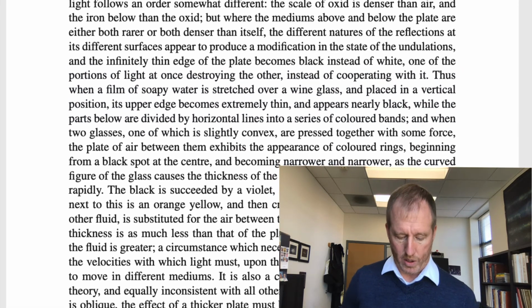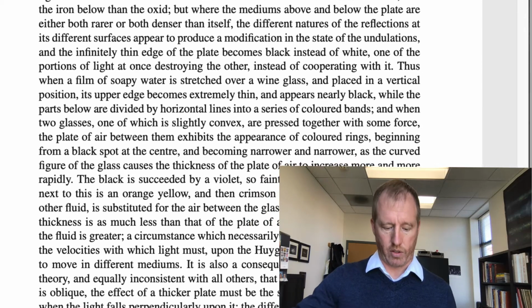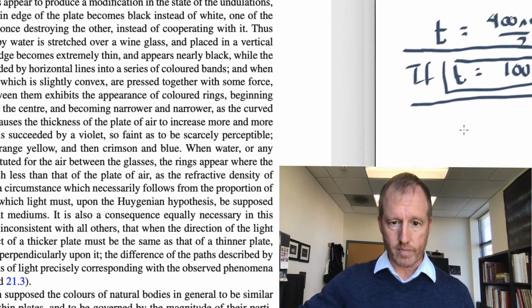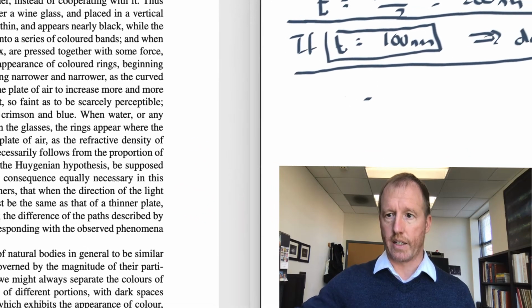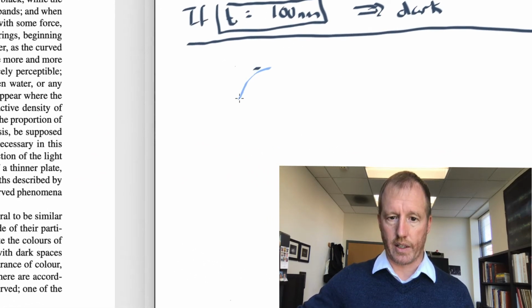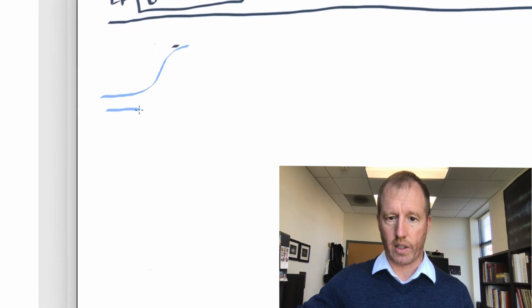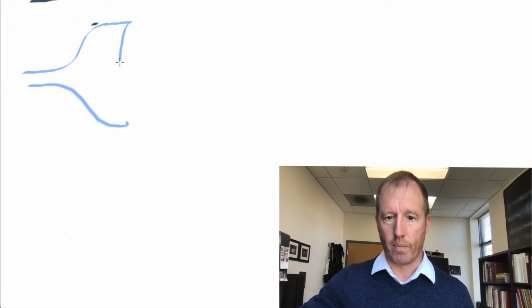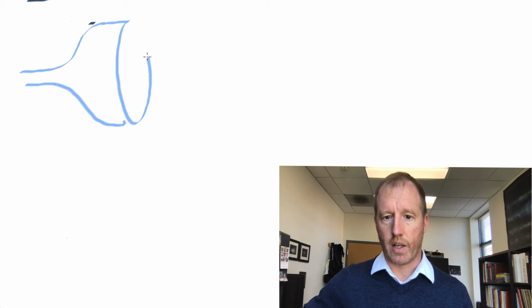Okay, so what is he talking about there? Let's talk about this thin film interference. He's saying if you take a wine glass and lay it on its side like this, so I'm going to have a wine glass that looks like this, after you've dipped the end of it into a soapy film, then the soap film is going to be stretching over the rim of the wine glass.